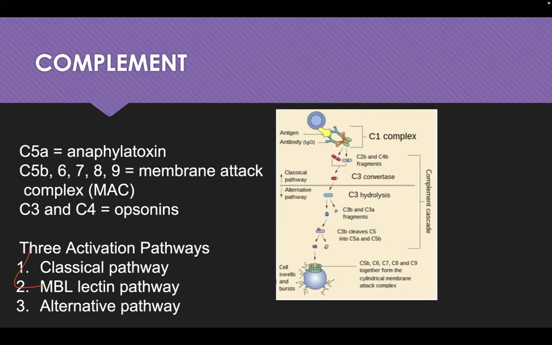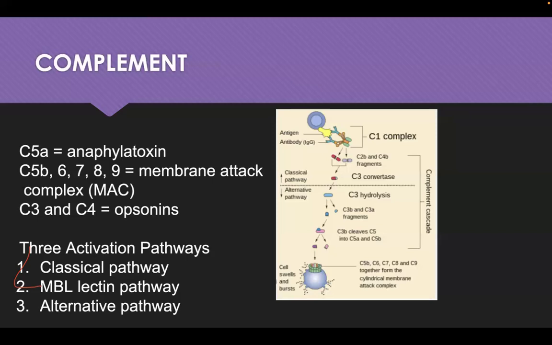So we can see it in this diagram here. And what the complement pathway does, it leads to the formation of C3 convertase, as we can see here.